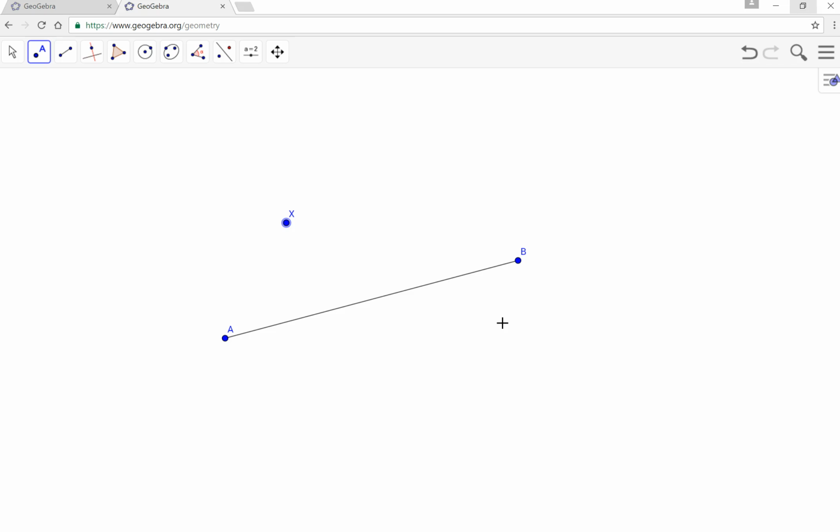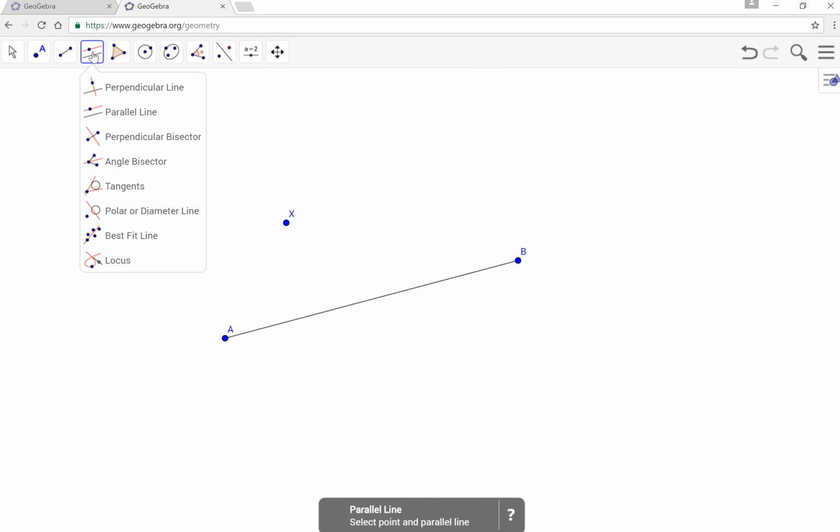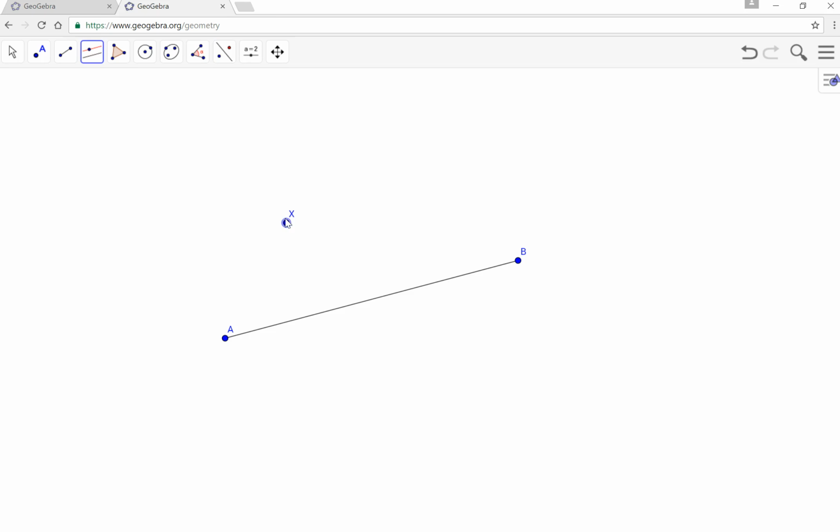Construct a line that passes through X and that's parallel to AB. So if we go up here, there's this menu here, and click on parallel line, and you'll see at the bottom it says parallel line, select point and the parallel line. So if I select the point and I select the line that I want to be parallel, it'll create a parallel line.